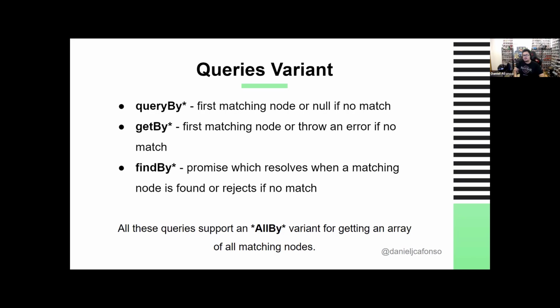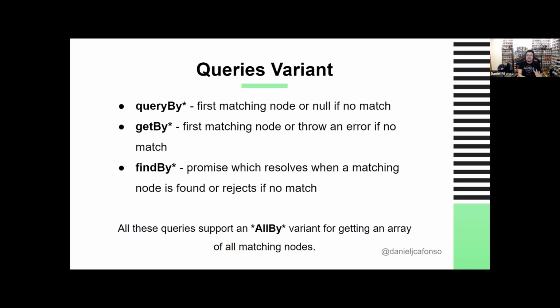Then you have a second variant, which is the get by, which, like the query by variant, will return the first matching node, but if it doesn't find what it's looking for, it will throw an error. Both of these variants are synchronous, so you don't need to wait for them. Imagine that you have a button that you click and then you want to wait for something to appear on the DOM.